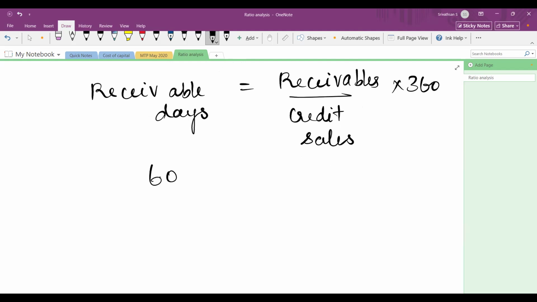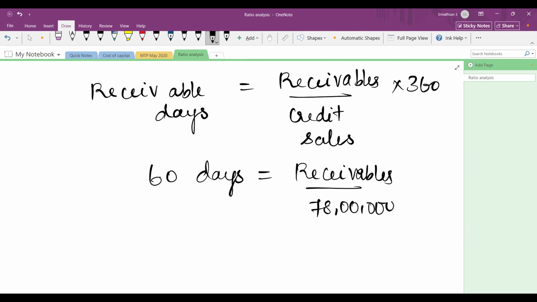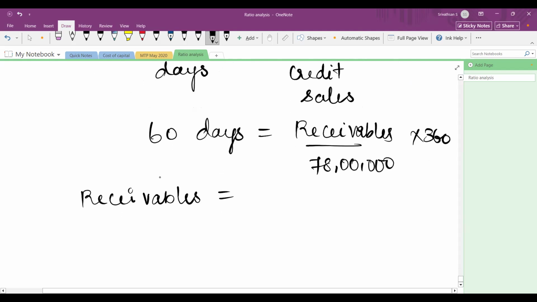So 60 days is equal to receivables, we don't know, divided by what is the sales? 78 lakhs into 360. How much do we get receivables amount? 78 lakh into 60 by 360. How much? Exactly 13 lakh.